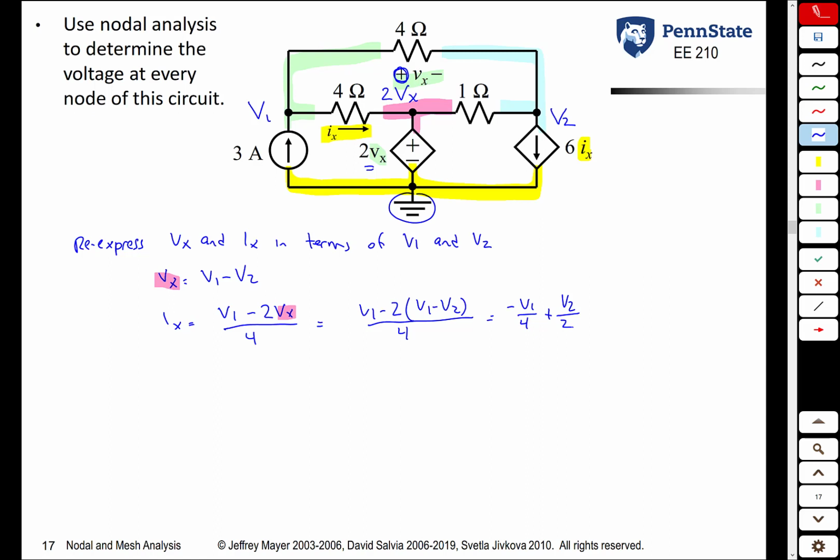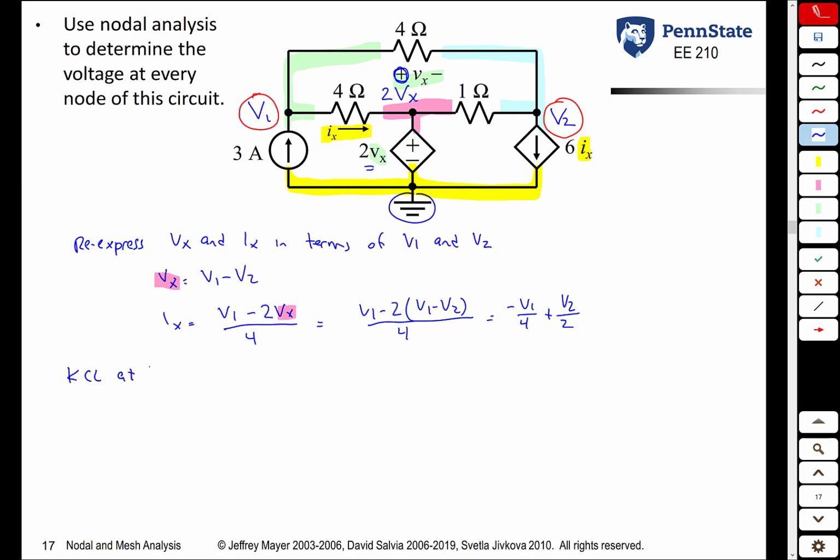So we need to write a KCL equation for this node, the V1 node, and for the V2 node. And you might say, well, what about that middle node? We don't know that voltage. That's true, but that is a voltage source, so we don't write a KCL equation there. Remember, we treat that dependent source like an independent source. The only caveat is we had to express our variable Vx in terms of V1 and V2. So the only KCL equations we write are the ones for the green node and the blue node.